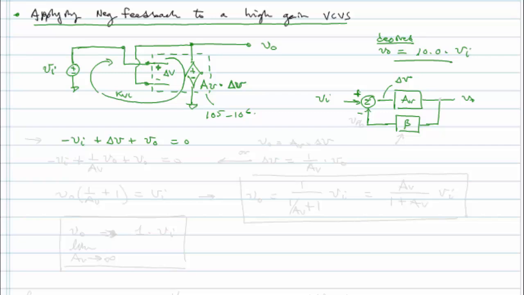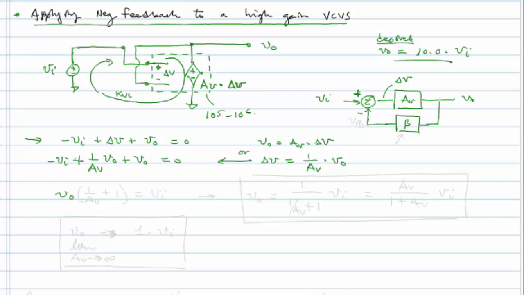And what I have is VO is equal to AV times delta V, or we could write, since I want to solve for VO and not delta V ultimately, delta V is equal to 1 over AV times VO. And we'll plug that in over here. So we'll have minus VI plus 1 over AV VO plus VO is equal to 0.